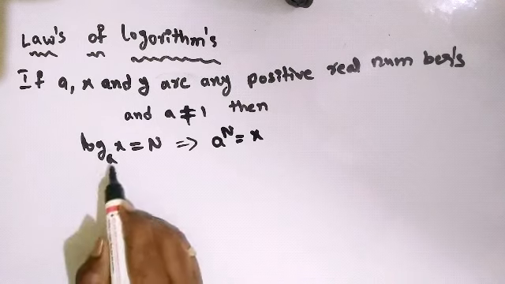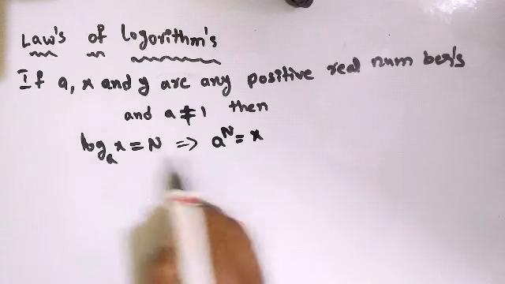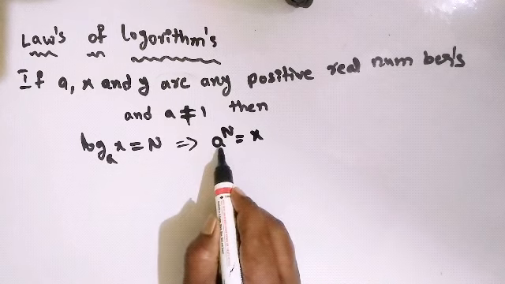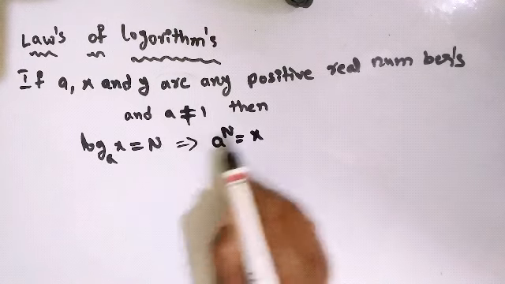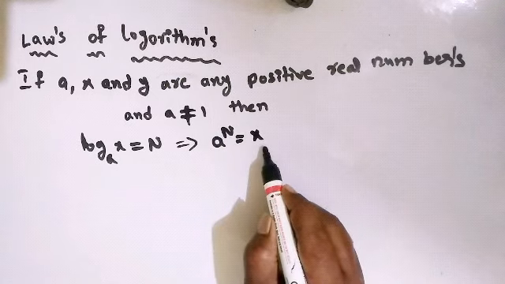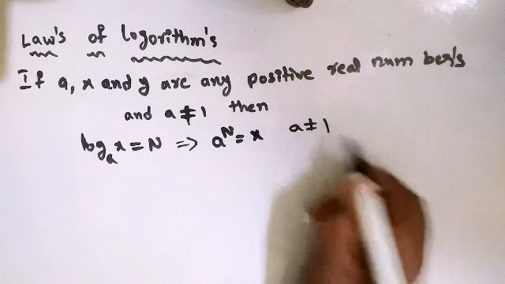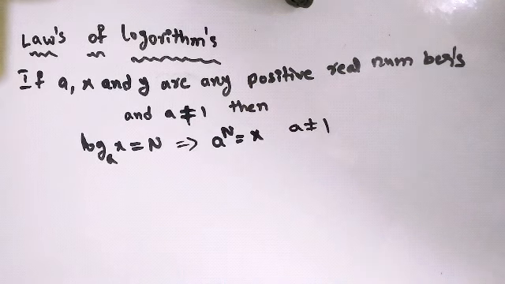A is the base, and n changes to the power. Here a is not equal to 1. This is a common formula: log base a x is equal to n, then a to the power of n is equal to x.